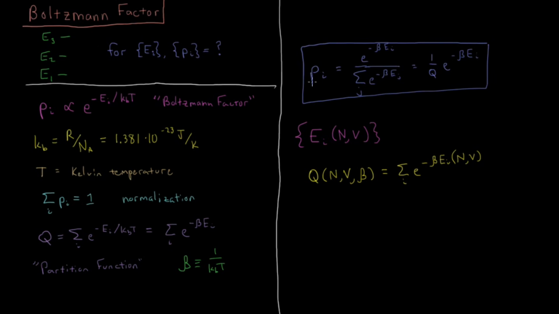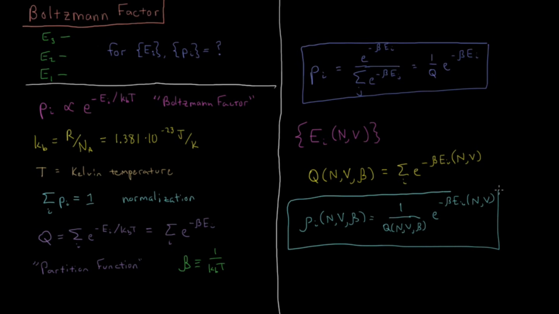So then if we were to write our probabilities in this more formalized way, we would have that the probability of the system being in state i, dependent on N, V and beta, equals 1 over Q(N,V,beta) times e to the minus beta E_i(N,V).